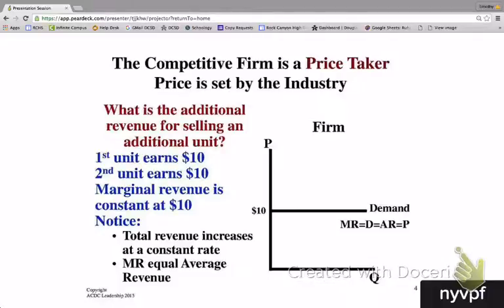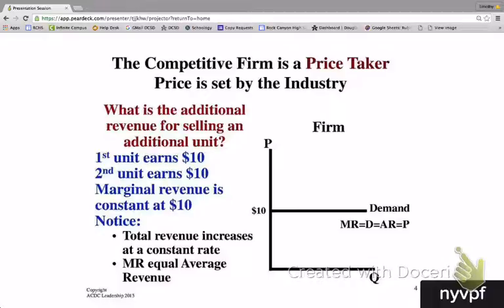So under perfect competition, and this will only be true under perfect competition, the marginal revenue curve will be the same or equal to the demand curve, which will also be equal to the firm's average revenue curve, which will also be equal to the price.